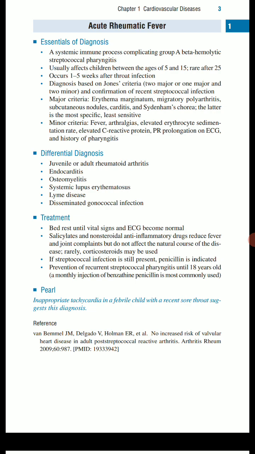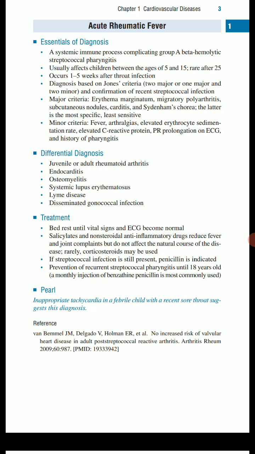Then in imaging, we are going to do a chest X-ray, an ECG, and echocardiography. Then the Jones diagnostic criteria will basically look at the minor and the major as we aired them out clearly.